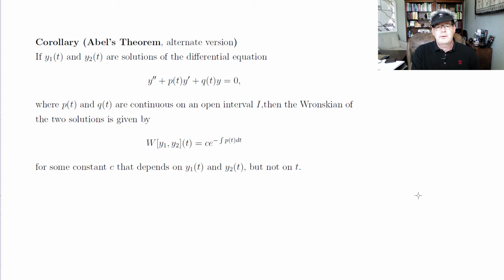So without even knowing the solutions, we know what their Wronskian is up to a multiplicative constant. Just by looking at the second order differential equation, the Wronskian of any two solutions is going to be some multiple of e to the negative antiderivative of this p of t term. So that's what we'll use.